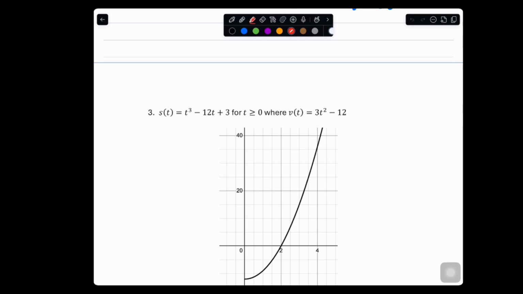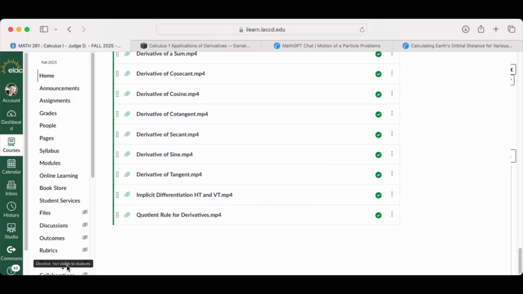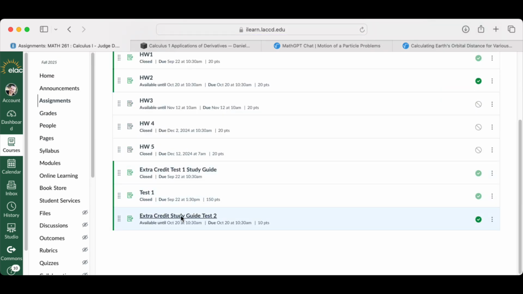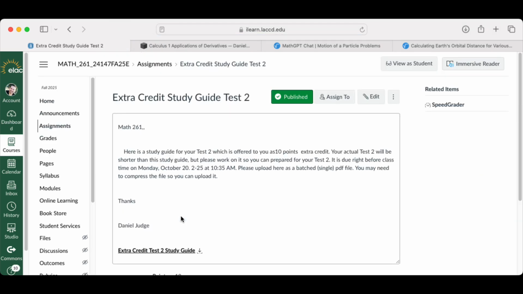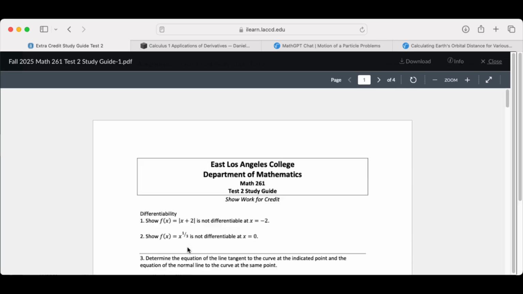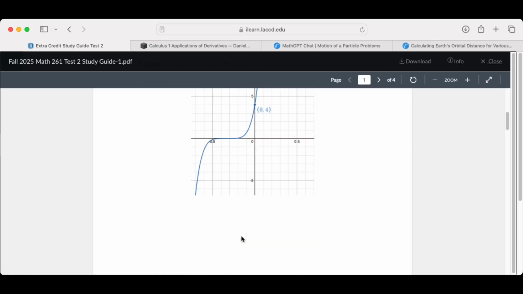Okay, but maybe before we start, let's get some administrative chores out of the way. Your test is on Monday, and what I added is a what? Study guide for you guys. Is that right? You guys notice that? It's an extra credit study guide. So you'll have that here for you guys. Your actual test is much shorter than this, by the way.